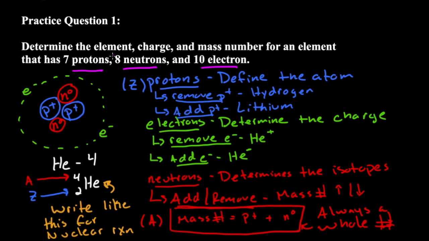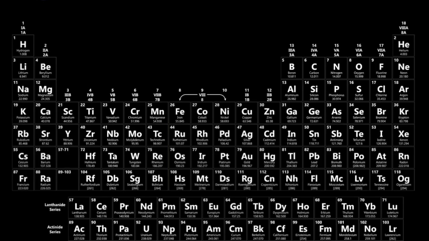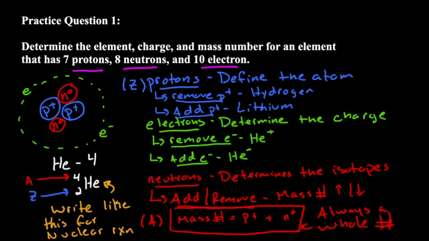Well, if we're trying to figure out what that element is, we need to look at the number of protons, because that determines what the element is. So we'll go to the periodic table that we have right here. It's 7. So that must mean this is going to be the element nitrogen. So let's put that down, it's going to be an N. So that takes care of that one.